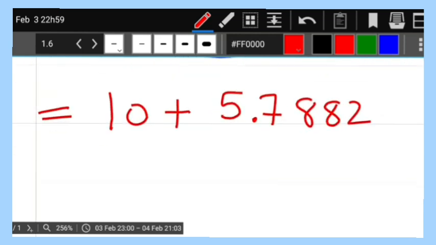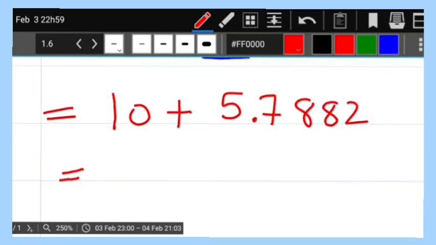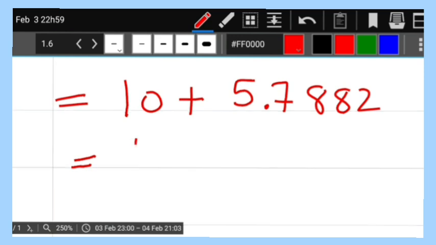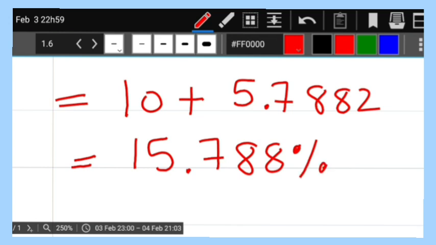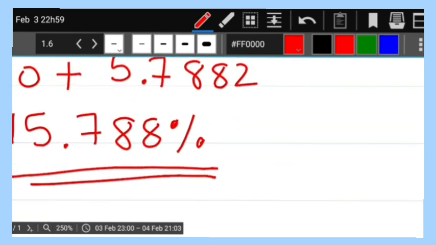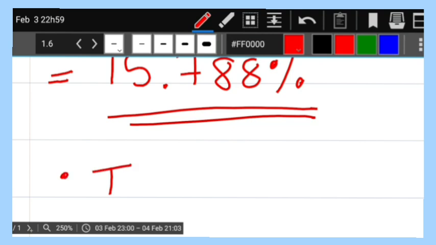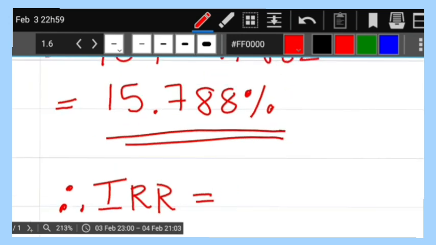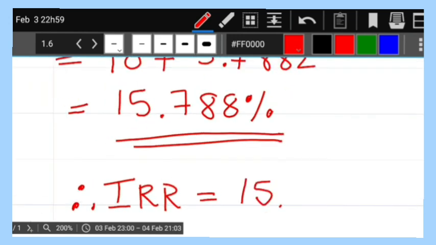Okay, now you have to add 10 plus 5.7882 is equal to 15.788%. Remember to put percent. Okay, so IRR, that is internal rate of return, is equal to 15.788%.